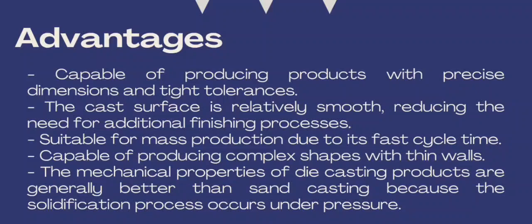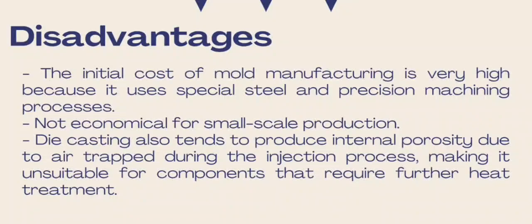Third, it is suitable for mass production due to its fast cycle time. Fourth, it is capable of producing complex shapes with thin walls. In addition, the mechanical properties of die casting products are generally better than sand casting because the solidification process occurs under pressure. This method also has several disadvantages.